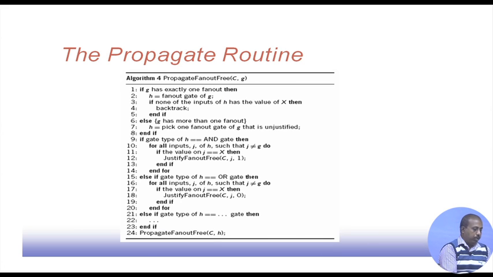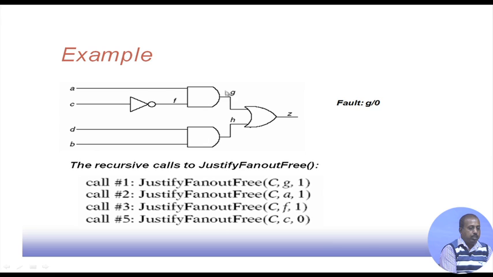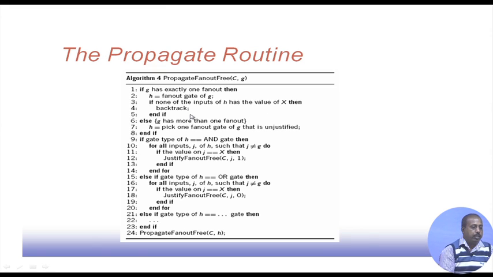Next is the propagate routine. In this example we have seen how this G line can be set to 1. Now we need to propagate this G through this OR gate to this primary output. That part will be done by this propagation routine.